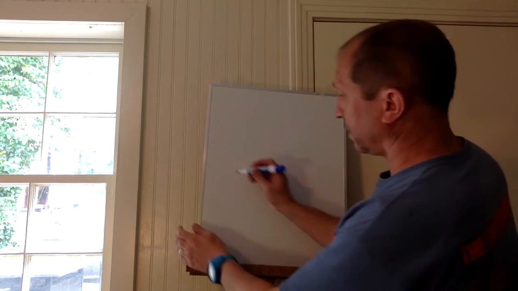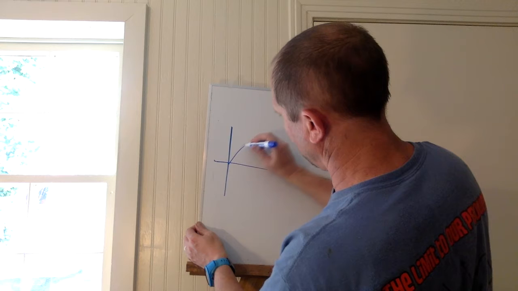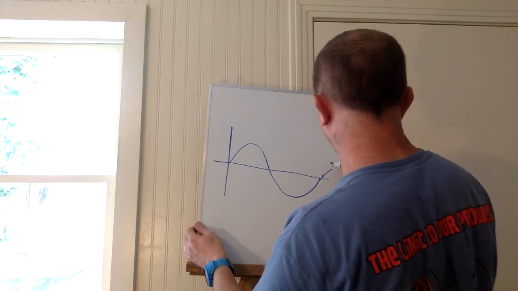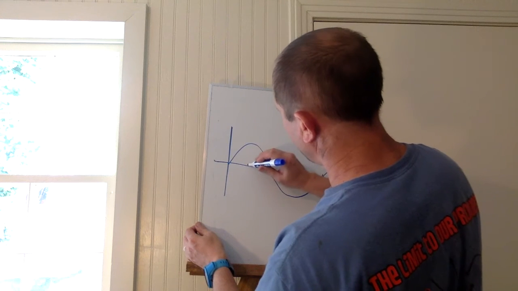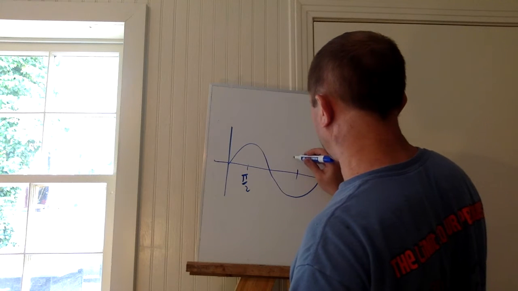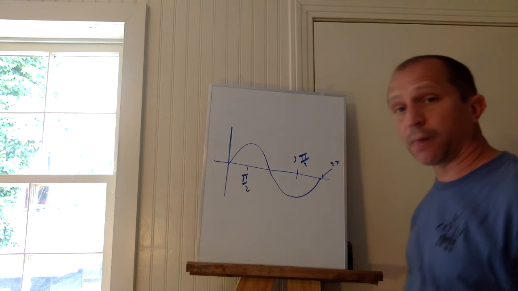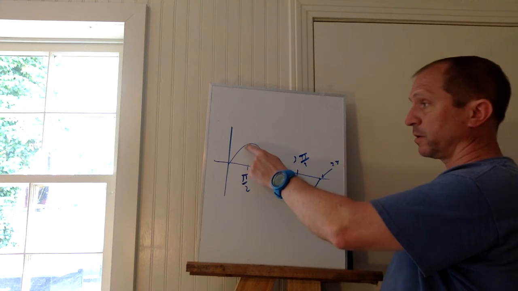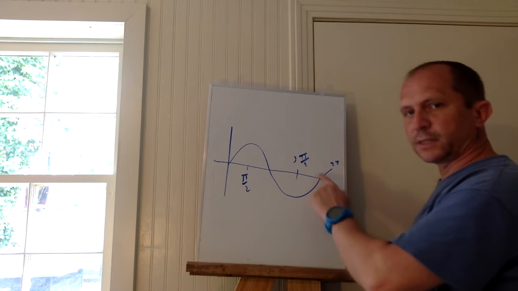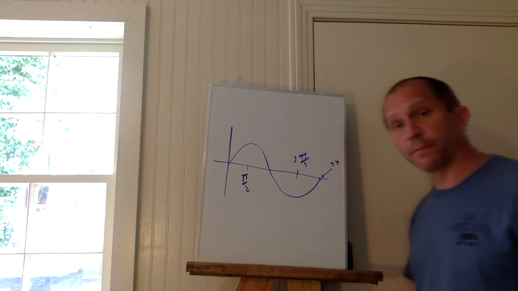So here we are, 0 goes up to 1, crosses at pi, and here we are at 2 pi. Now, we know this to be pi over 2, and we know this to be 3 pi over 2. At pi over 2, we're going from increasing to decreasing. At 3 pi over 2, we go from decreasing to increasing. Also note that at both of these points, you have a slope of 0.